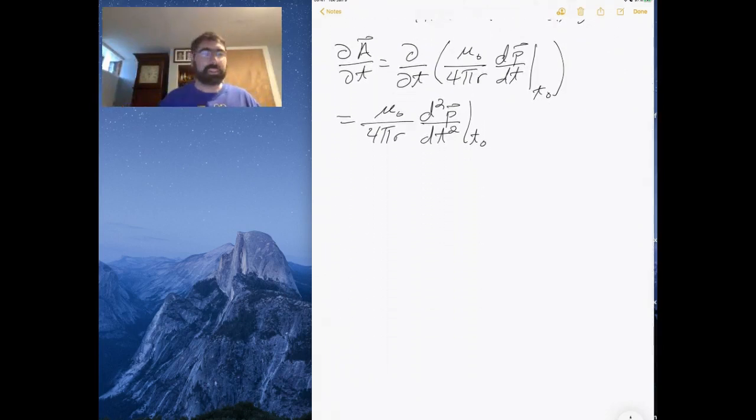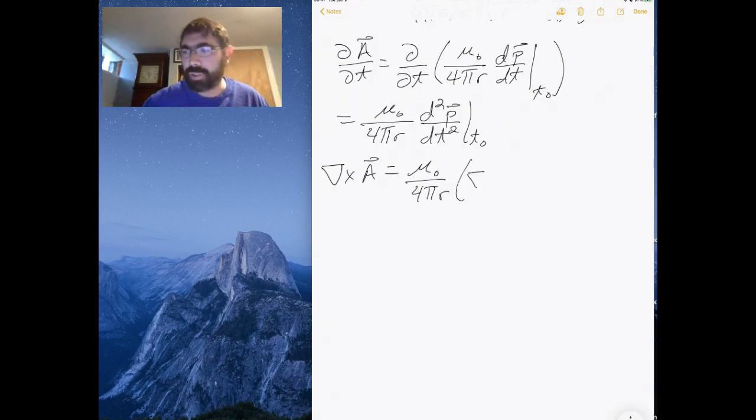Before we go on and get the electric field, let's just take the curl of the vector potential. So when we do that, we get mu 0 over 4 pi r, the curl of the time derivative of the electric dipole moment.